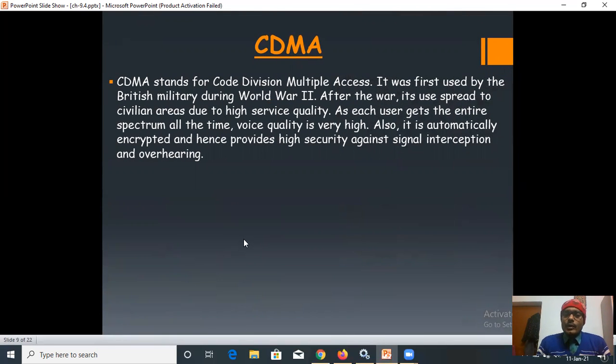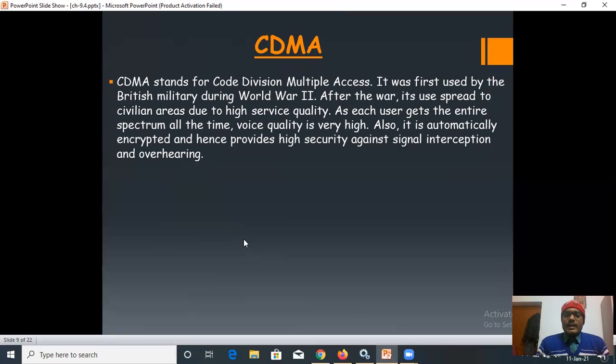CDMA stands for Code Division Multiple Access. It was first used by the British military during World War II, and after the war, its use spread to the civilians. Means this technology was used in World War II, and after the war, its use spread to civilian areas due to high service quality, because its service is very good.